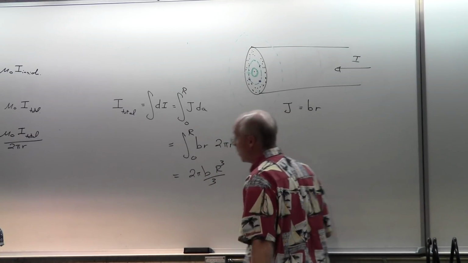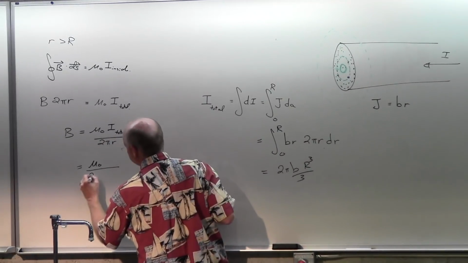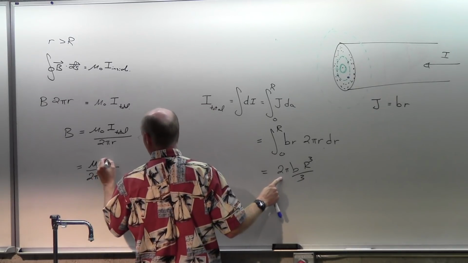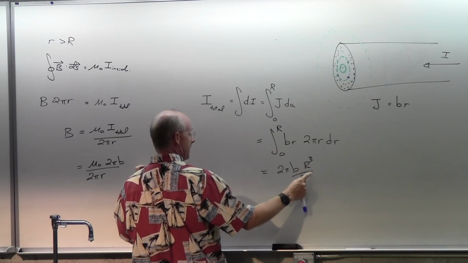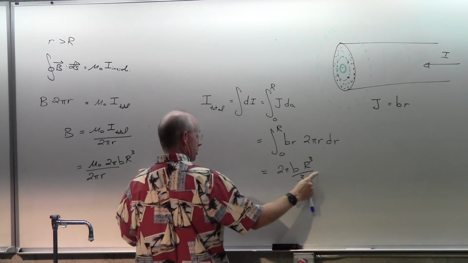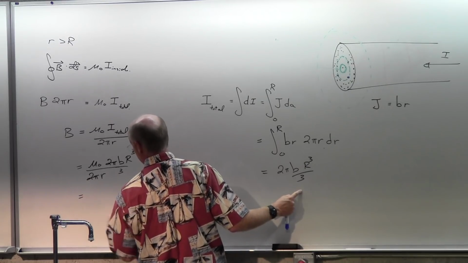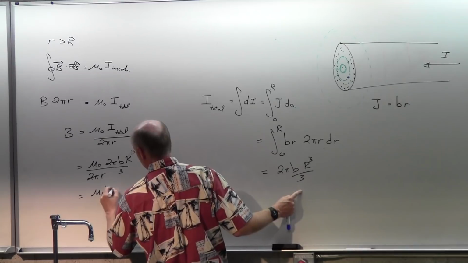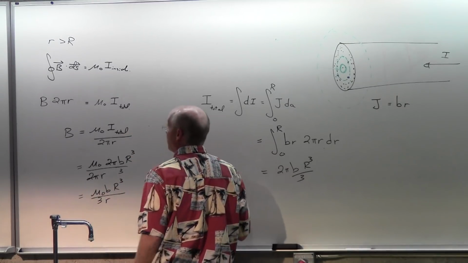And so that's the total. So if I wanted to make it look similar to my other answer, I might replace total current with 2 pi times B times capital R cubed over 3. And I get mu naught B R cubed over 3r.